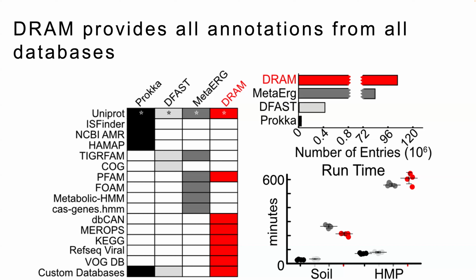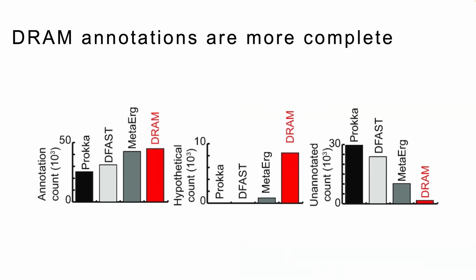However, the number of entries and the number of annotations is significantly higher, also because we use more databases. Because of that, our annotations are more complete. We get more annotations per gene, more hypotheticals, and fewer unannotated genes.